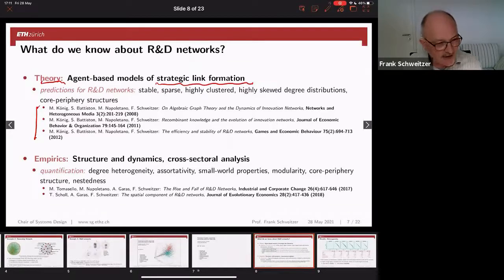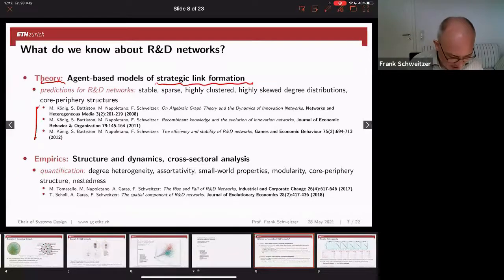The second direction was about empirics. As I said, we have quite a bit of data available, and we wanted to look into a characterization of these networks. Why is it that they have this life cycle, that the network first is formed and then disappears again? What are the major players in this network, and so forth?